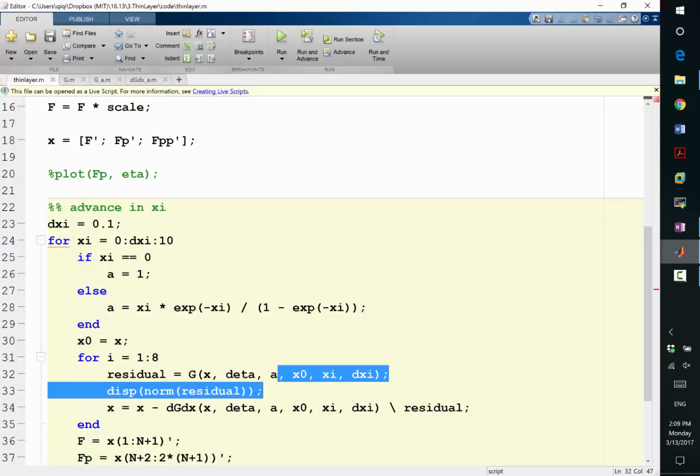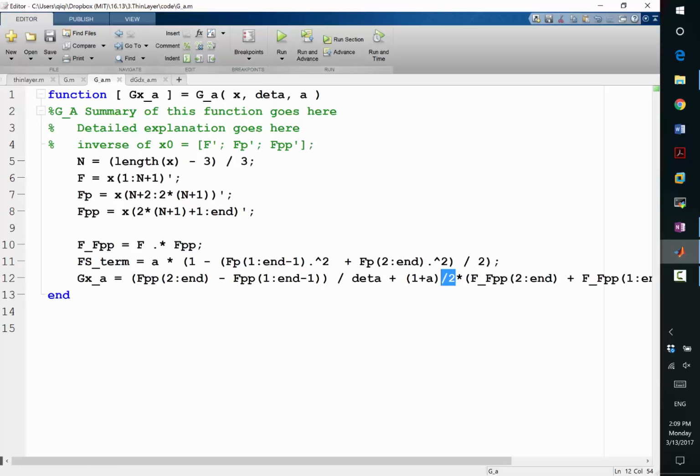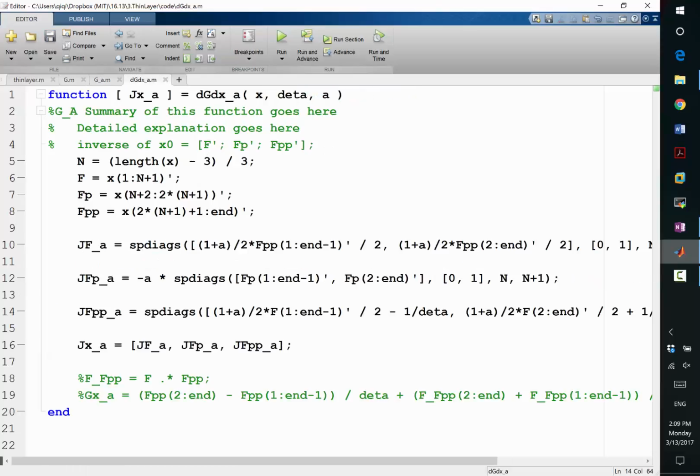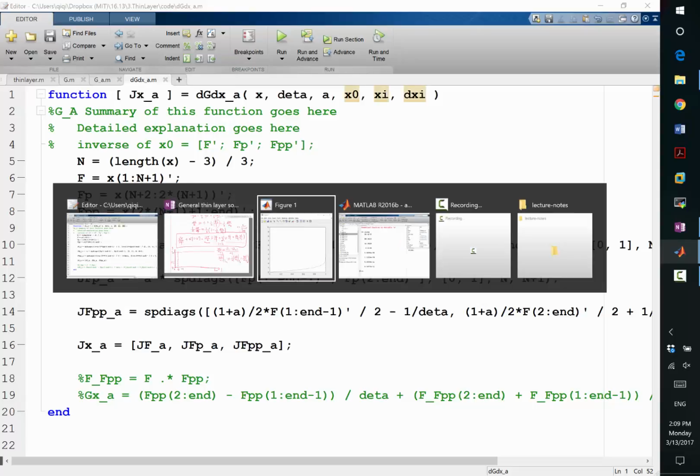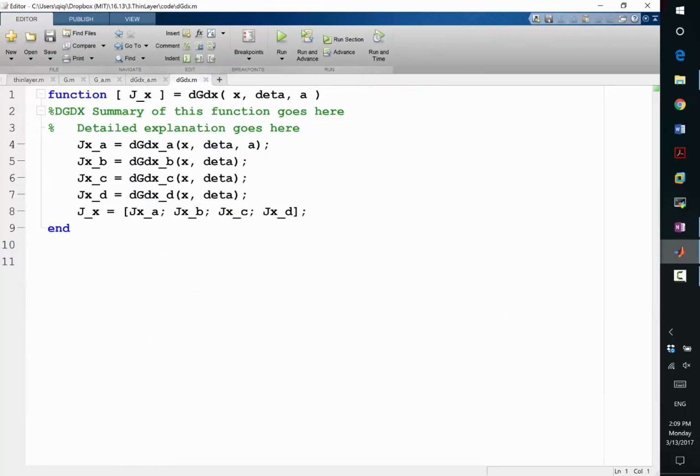So we have these additional variables that go into g, that go into ga, and also into the Jacobian of ga, and I also need the Jacobian itself. So this and this.